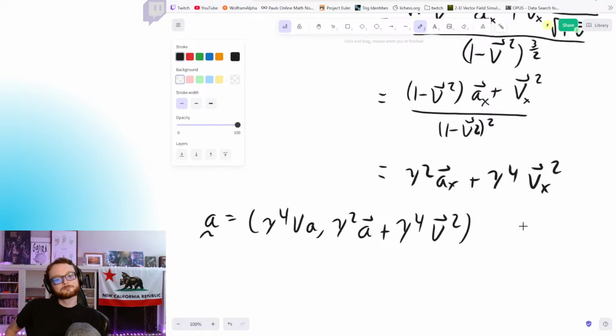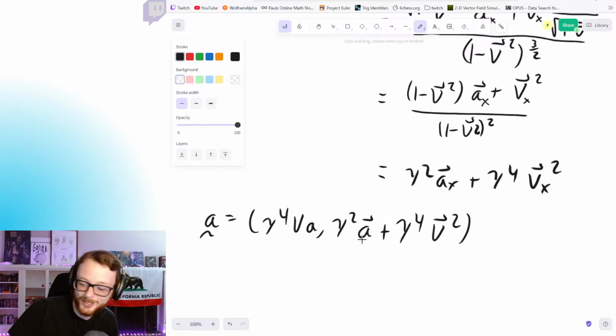So, the units definitely. I don't know if the units are at all. I guess the units for this second component check out.